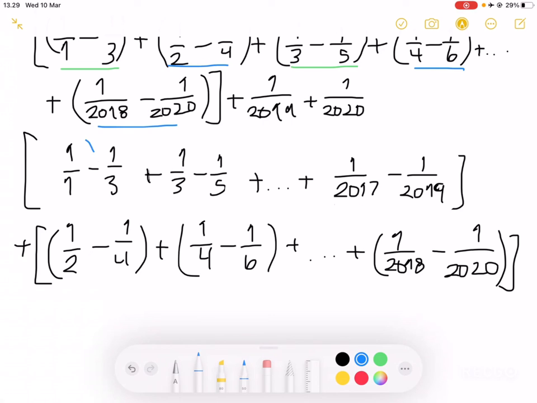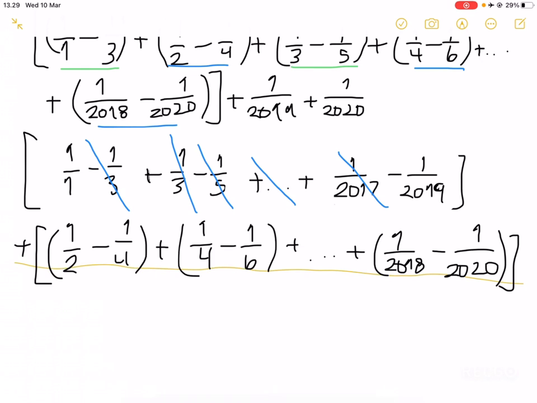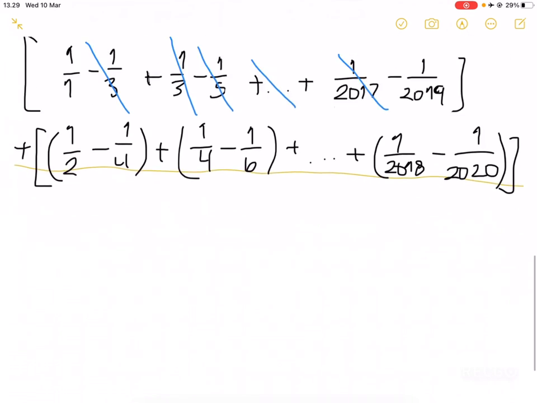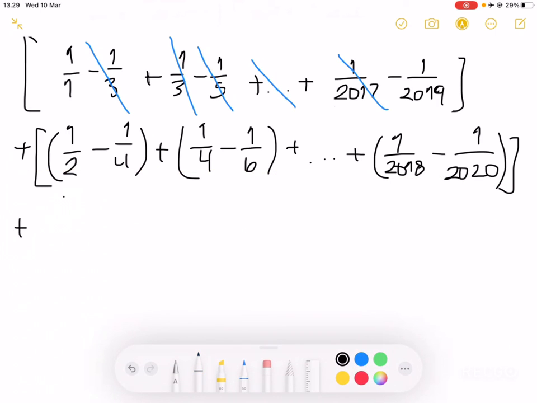So this minus 1 over 3 cancels with this 1 over 3, and this negative 1 over 5 is going to be eliminated with whatever this thing here, and whatever this thing here will cancel with 1 over 2017, leaving us with only 1 minus 1 over 2019. And I forgot to write the additional terms. Just a moment right there.